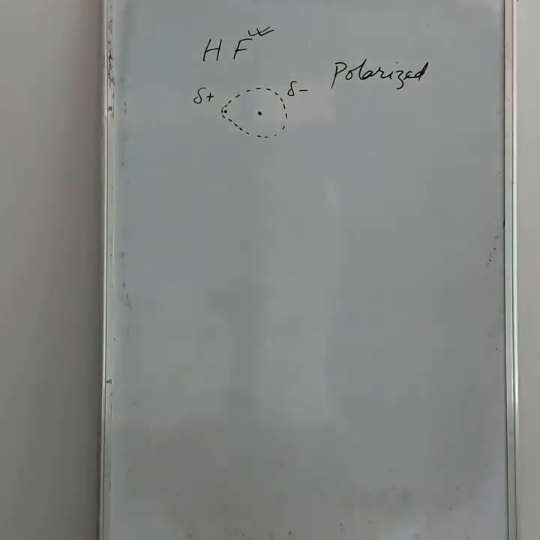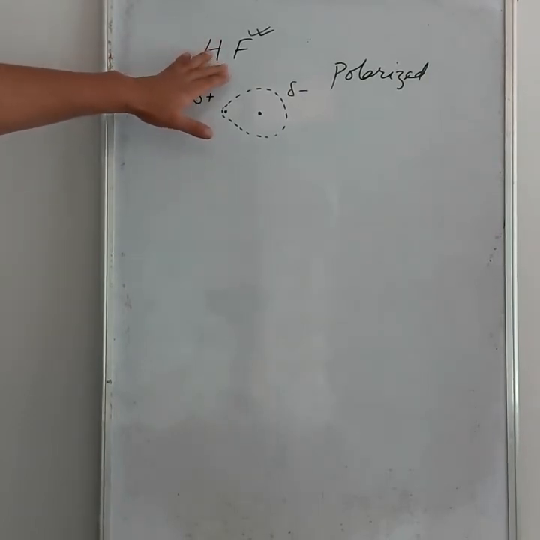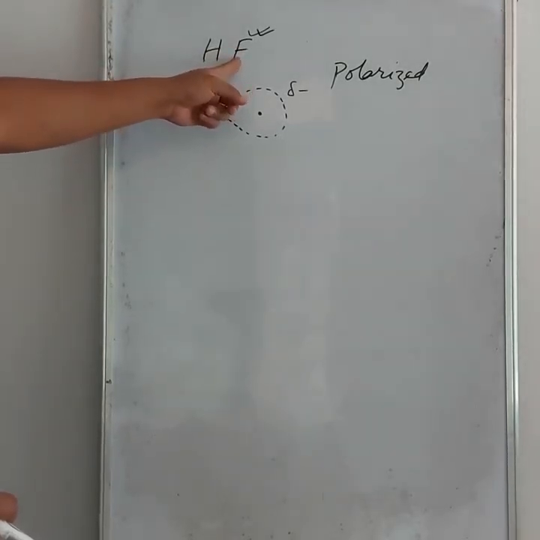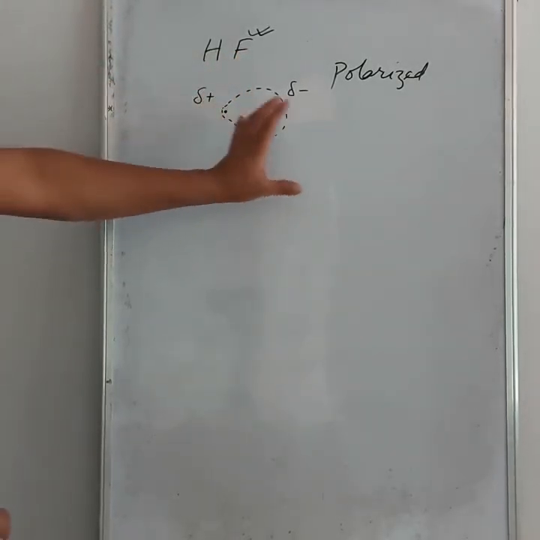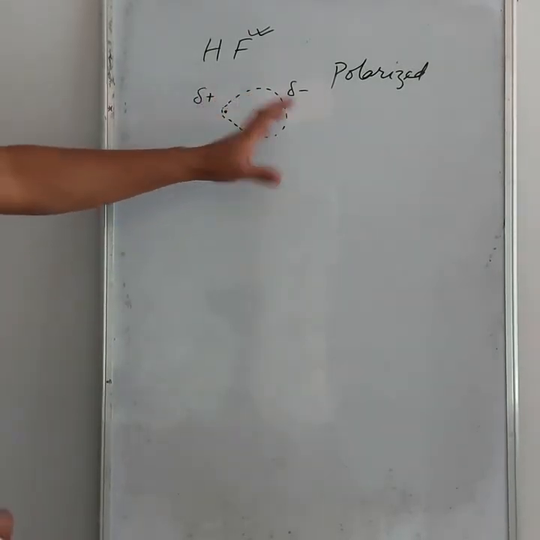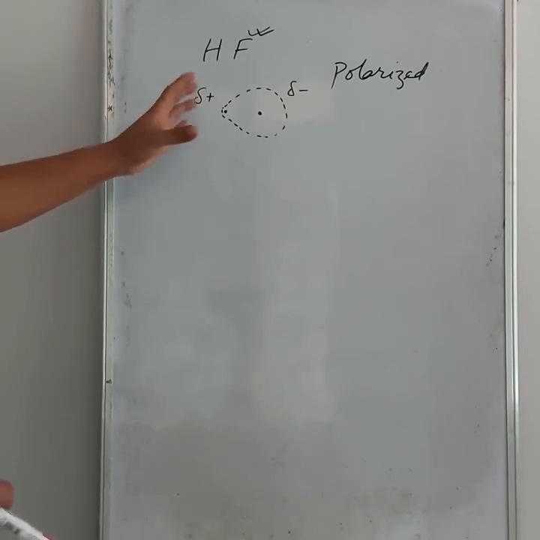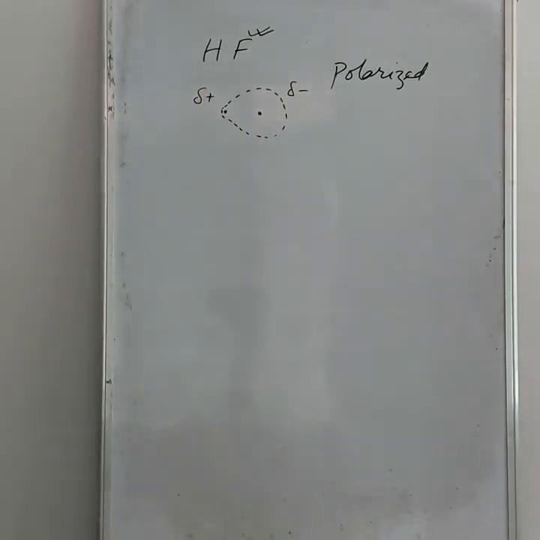So that is how covalent compounds assume ionic character, because we know ionic bonds are formed by transfer of charges. Even if hydrogen fluoride is a covalent molecule, because of the electronegativity of fluorine, the molecule acquires charges, and so it becomes polarized.